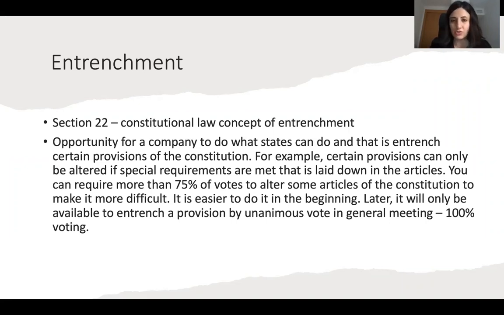However, you can change those rules, and you can make some matters subject to 100% of the votes only, or some matters that would otherwise be special resolution subject to ordinary resolution type of voting. So you can change how you want your decisions to be made, what percentage of the shareholders should be voting on the decisions.